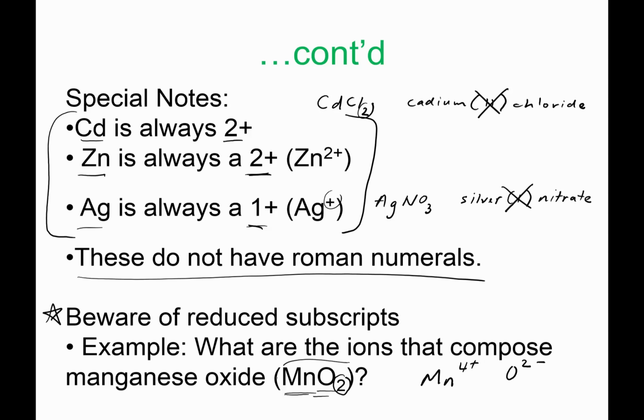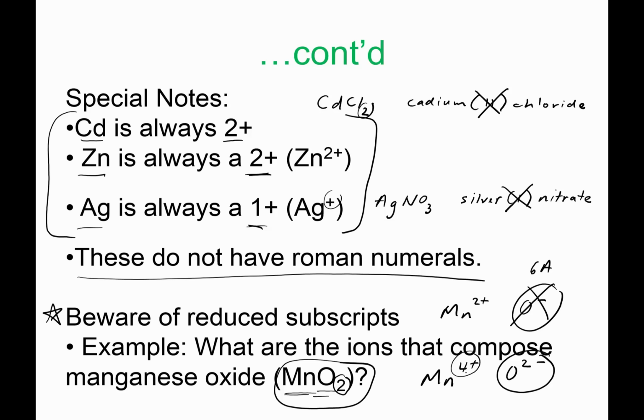The only other option for this is to write it like this, to say that this was a 2+ and oxygen's a 1-. But we know oxygen is in 6A, and 6A doesn't make a 1-. It's always a 2-.